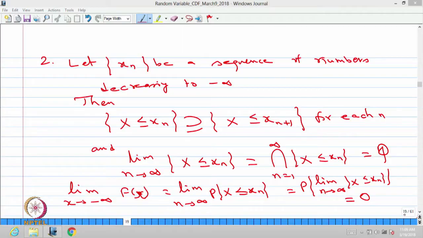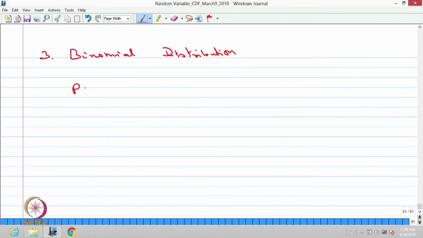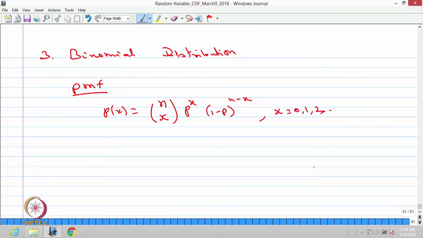Whenever a discrete type random variable whose probability mass function is of the form p of x is equal to n c x p power x 1 minus p power n minus x, when x takes a value 0, 1, 2 and so on till n, otherwise it is 0, then we say the random variable which is a discrete type random variable has binomial distributed random variable.